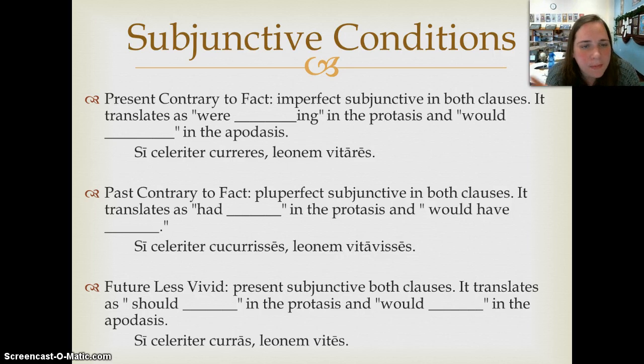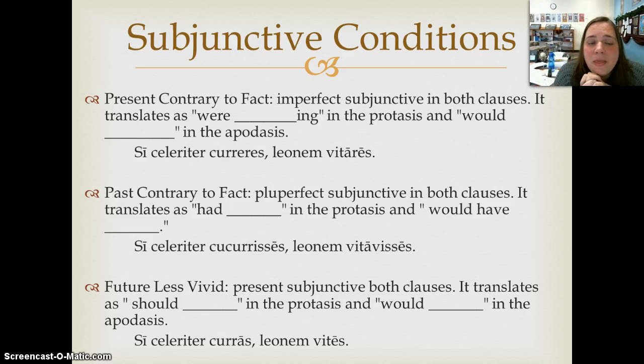For example, si celeriter curreres, leonem vitares. If you were running quickly, you would avoid the lion. But the implication here is that you are not, and therefore you are not avoiding the lion.